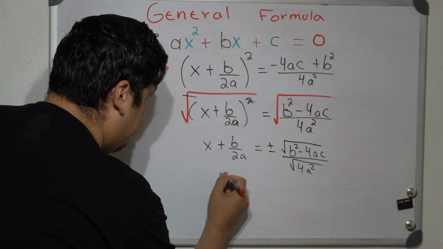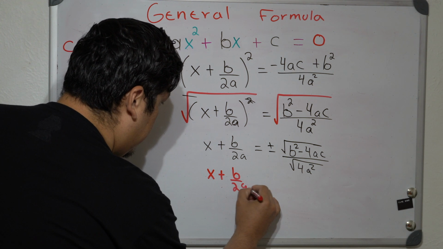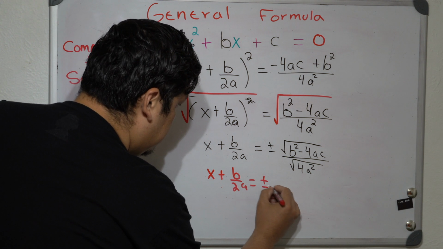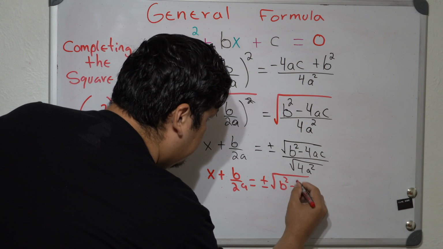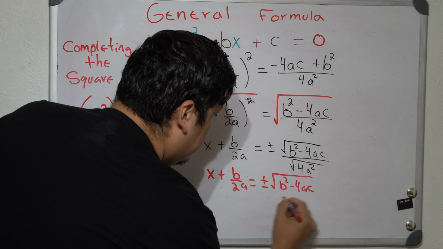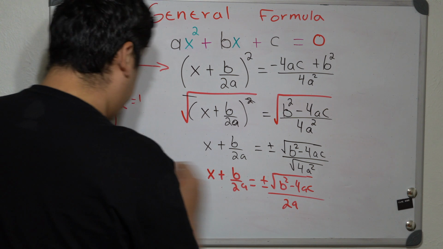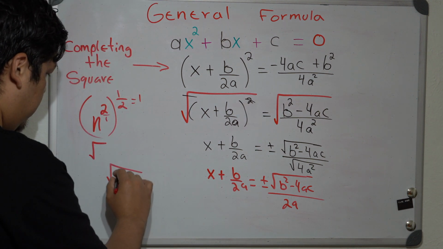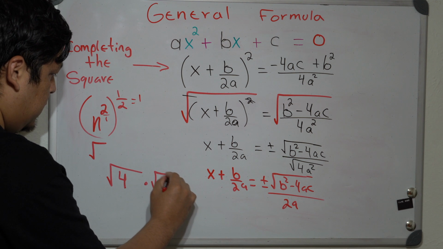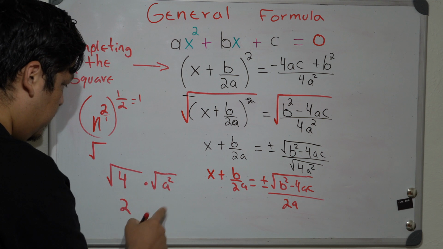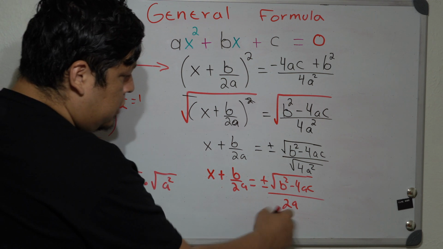Here I have x plus b over 2a equal to plus minus. There's nothing I can do at the numerator. So b squared minus 4ac over, simplifying this, I get 2a, because the square root of 4 is 2. The square root of a squared is simply a. So I get a 2a here.